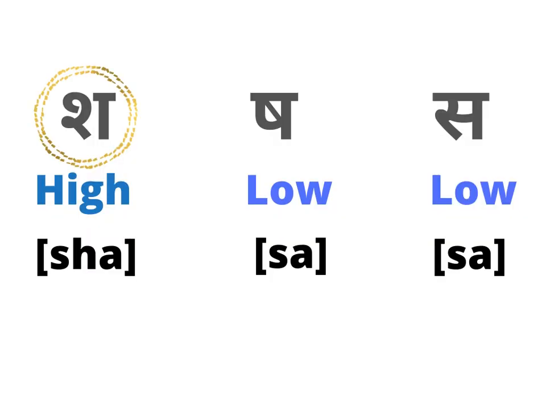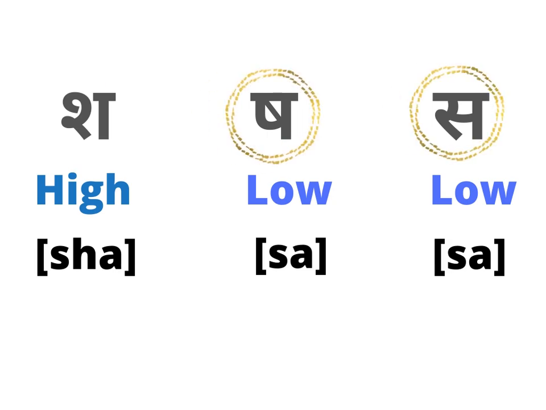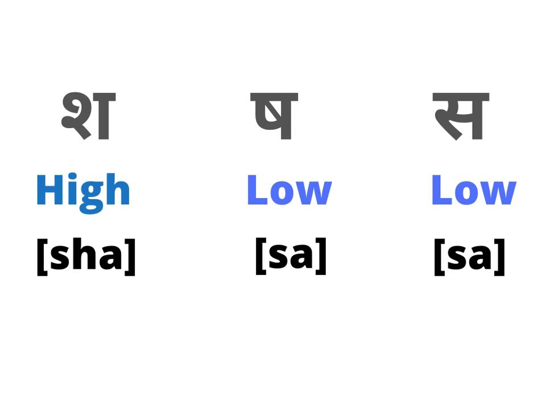The last letter of the sixth row, Sha, and the first two letters of the seventh row, Sa and Sa, are homophones. The last letter of the sixth row, Sha, is pronounced a bit higher, and the other two are pronounced low, like Sa. S-A, Sa. Okay guys, I hope you have understood.